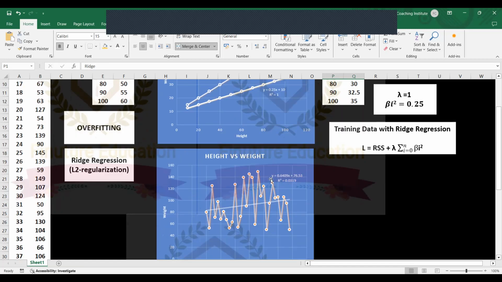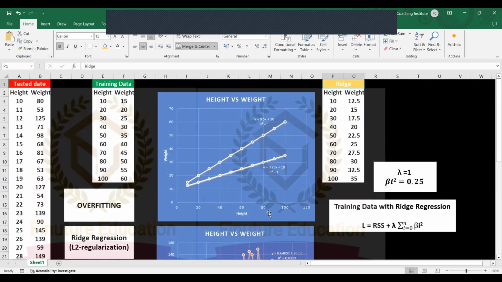Your R square will go up, your error terms will go down. That's why we have introduced the hyperparameter lambda as one. This is a trial and error thing. In practice, people do trial and error to see for which lambda the out of sample data works best.